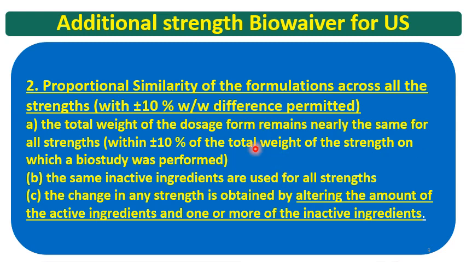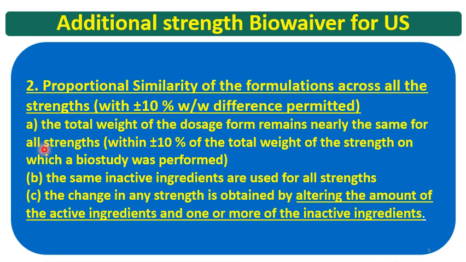Then coming to the additional strength bio-waiver based on the concept of 10% difference. This 10% difference is very important to be understood. The criteria are there, like the total weight of the dosage form remains nearly same for all the strengths, if the total weight of the strength on which the biostudy was performed is not more than 10% different from the other strengths.